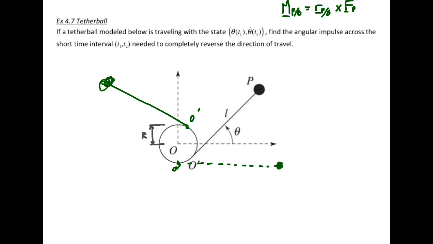In addition to that, notice that as the ball moves around the pole, L also shortens. So if we define big L as the length when theta is equal to 0, then we get the expression for L as it's changing: L equals big L minus the length that's being removed as it wraps around the pole, which is simply the arc length.